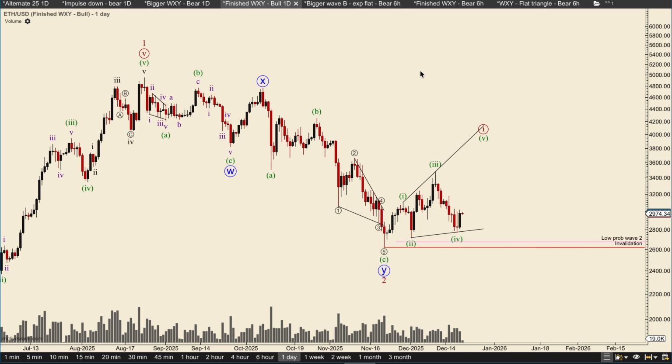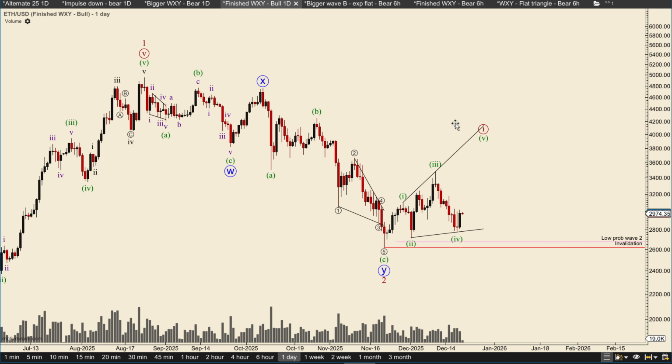So which one of these has the highest probability? Well, by default, the leading expanding diagonal is the only option that the bulls have left. That's it. You can't count this in any other way with a high probability. So therefore, this is the only option.